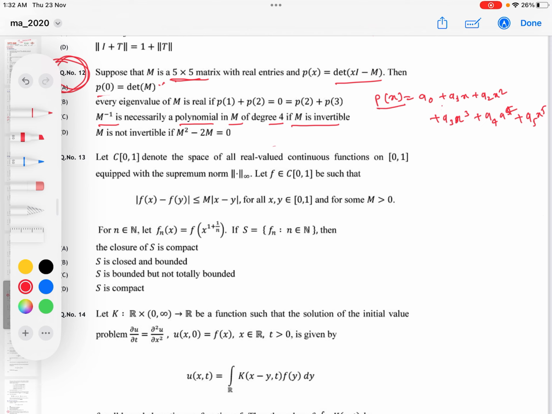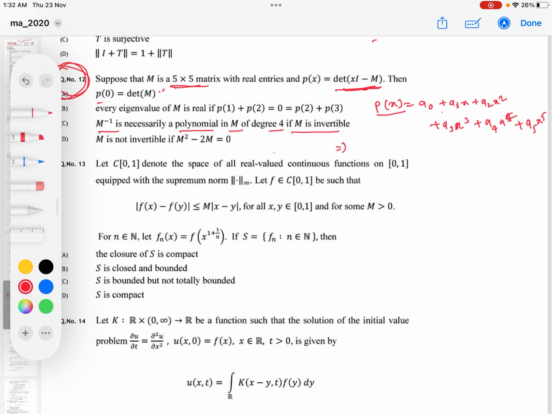So this p(x) will be 0, right? Because what we do is we take the determinant of this. If we try to find the characteristic equation, then this will be 0 is equal to a0 plus a1 M plus a2 M square plus a3 M cube plus a4 M to the power 4 plus a5 M to the power 5.